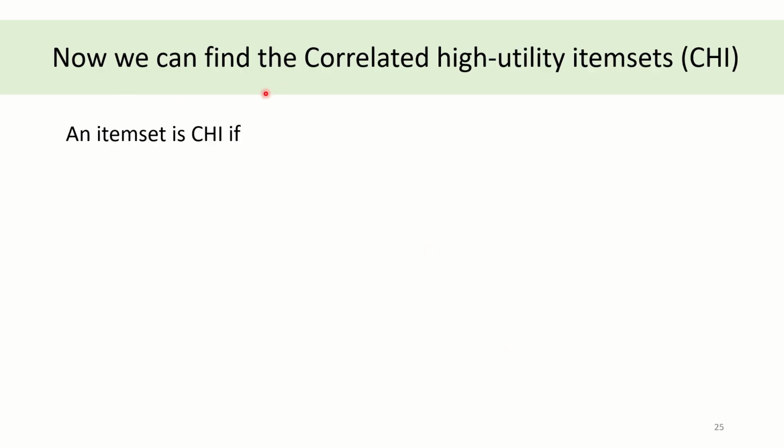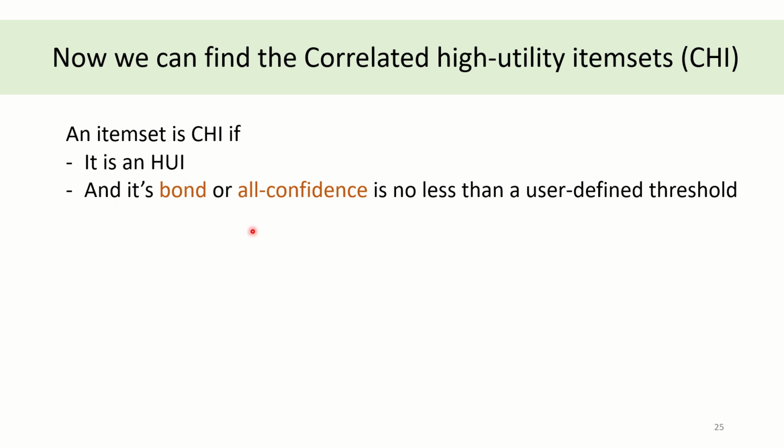Now we can find the correlated high utility item sets, or the CHIs. An item set is CHI if it is a high utility item set and its bond or all confidence is no less than a user defined threshold. Suppose user defined min util is 30 and user defined min bond is 0.6.